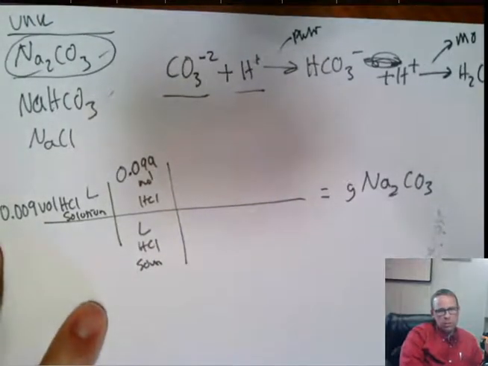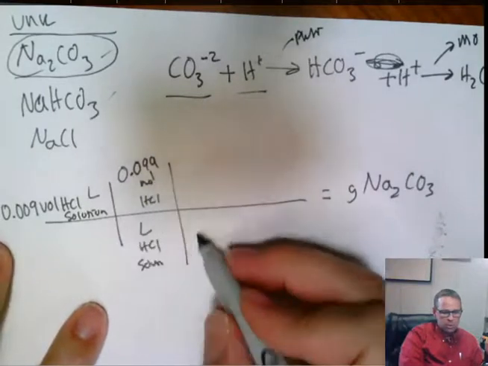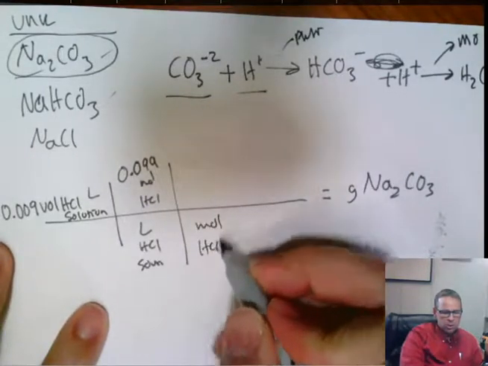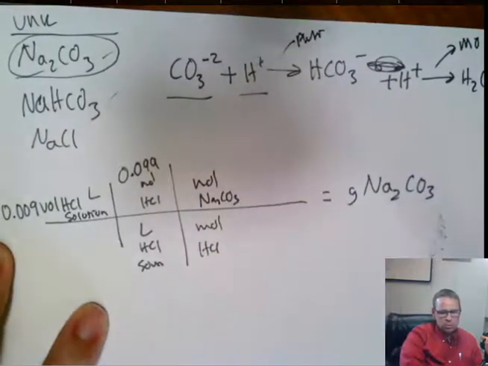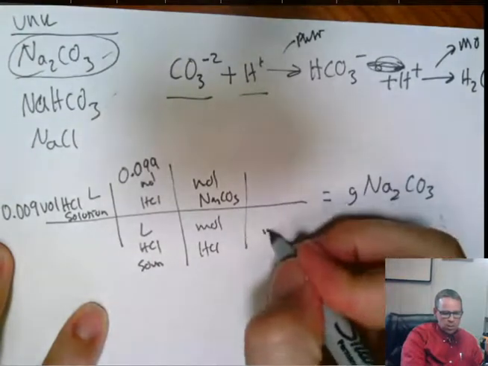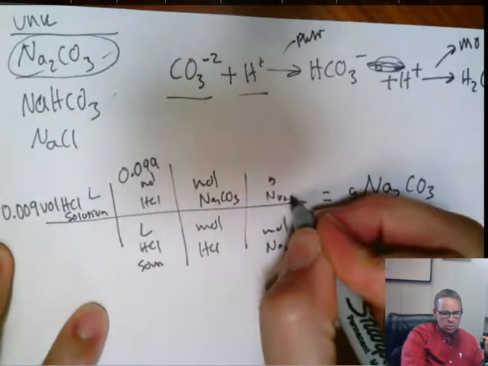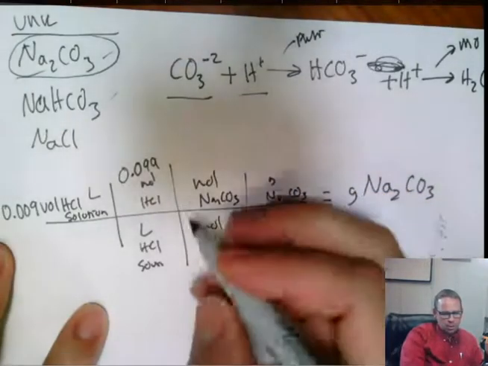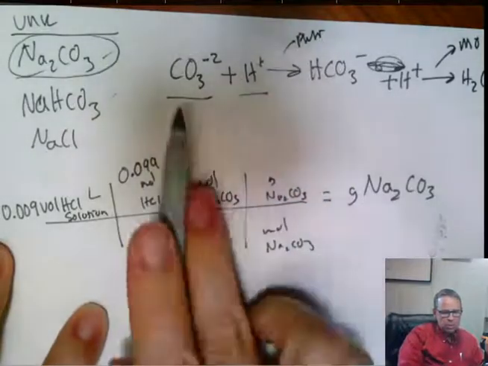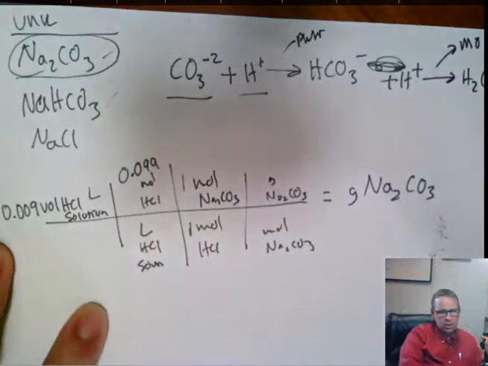Moles per liter of the HCl solution. And then, from that, we can go from moles of HCl to moles of Na2CO3, and then go from moles of Na2CO3 to grams of Na2CO3. The molar ratio here is 1 to 1 because the phenolphthalein will turn color when each carbonate has a hydrogen ion. All right?